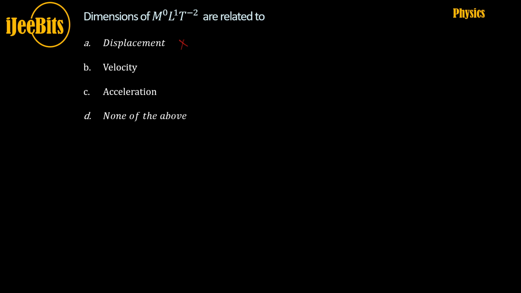Now you look at velocity. Velocity is nothing but displacement by time. Displacement we measure in terms of length, so length by time. So L power 1, T power minus 1, right? But we have T power minus 2. So probably you look at acceleration. Acceleration equals velocity by time.